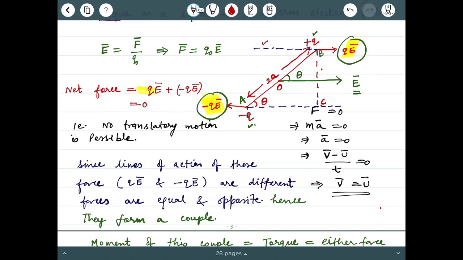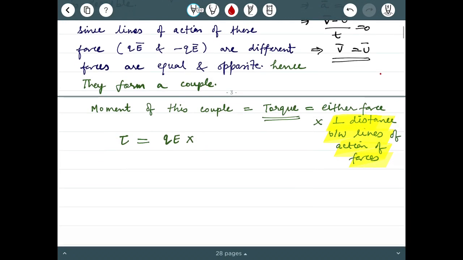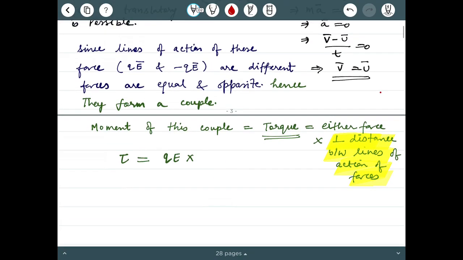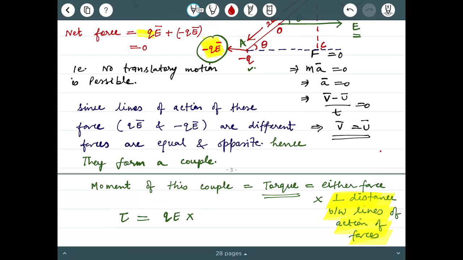Perpendicular by hypotenuse means BC upon 2a equals sin theta.